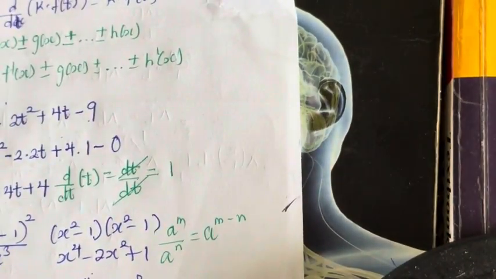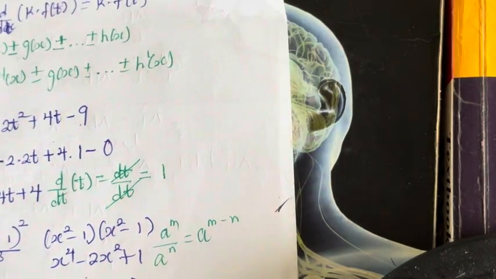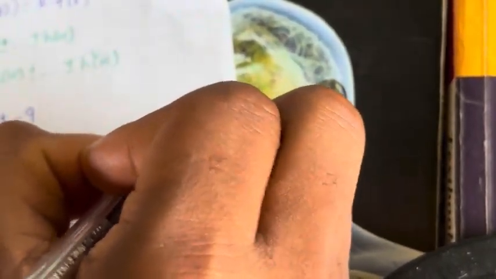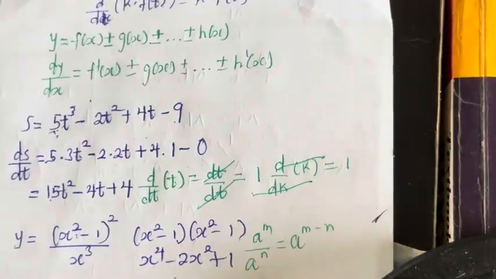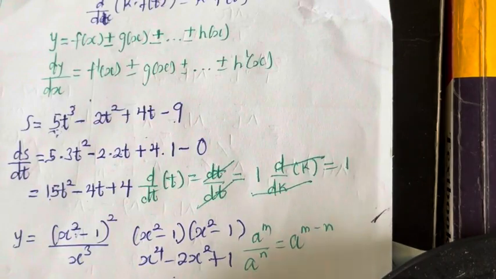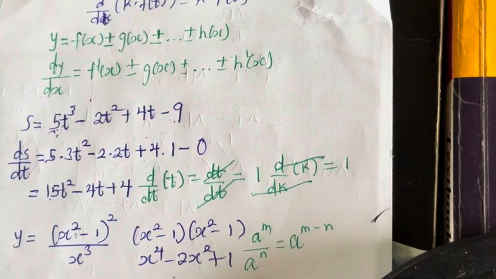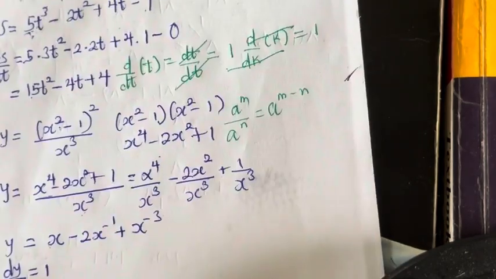This is just another way of proving that the derivative of t with respect to t is 1. If we also say that dk of k is 1, that's because the k cancels the k. That's just another way of proving that dk of k is 1. I hope you got that.